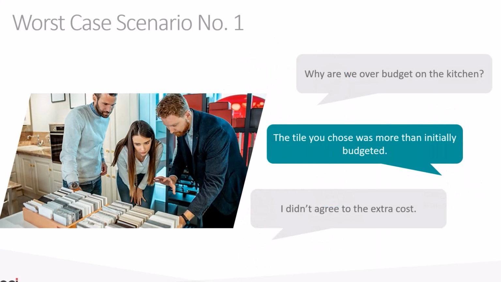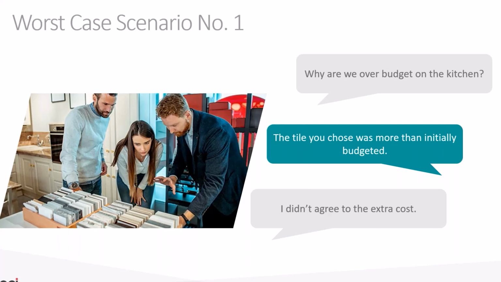So here's a scenario that some of us may have found ourselves in. Again, an area where managing this project with good communication could really help us. Have you ever been in a situation where, man, we're talking and we're looking and we're reviewing the situation and somebody asks, where are we? Why are we over budget on the kitchen? Why is the kitchen costing us more money than we thought?